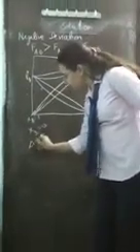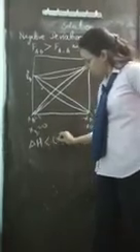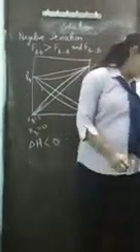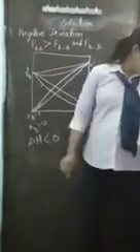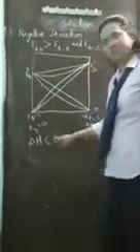Delta H mixing must be less than 0, and delta V mixing must also be less than 0.